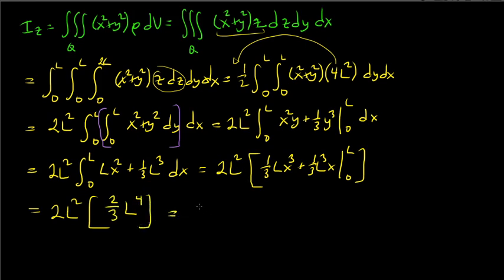Multiplied by 2, you get 4/3 L to the 6th. So that's the moment of inertia rotating about the z-axis.